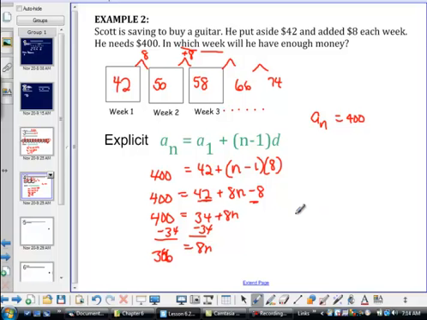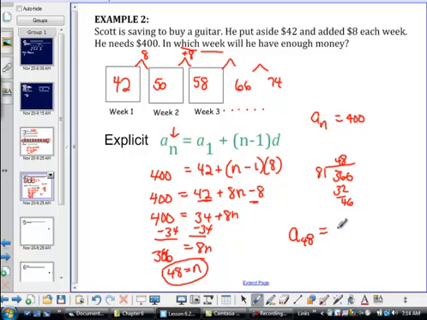And let's see how many times 8 goes into 366. I don't have a calculator in front of me, so I have to do this the long way. In 48 weeks. So we figured out here that n is 48. So the 48th term of sequence A is when he'll have $400.